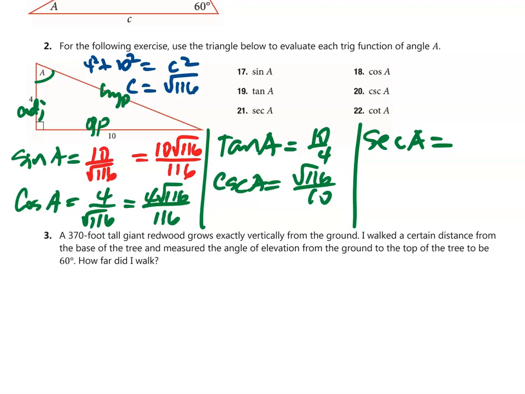We have 4 over square root of 116, so this is square root of 116 over 4. And cotangent of A is equal to 1 over tangent, so that is 4 over 10. Okay.